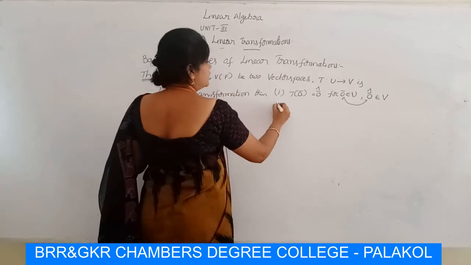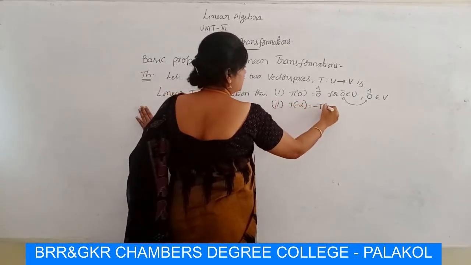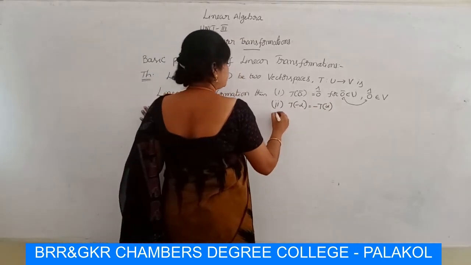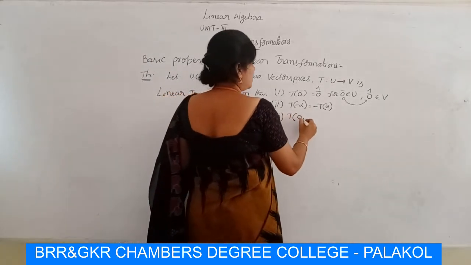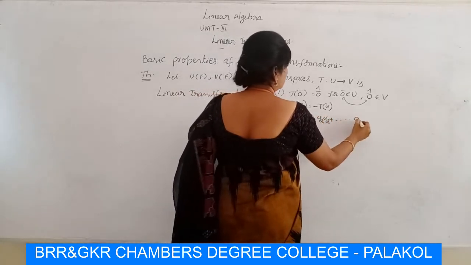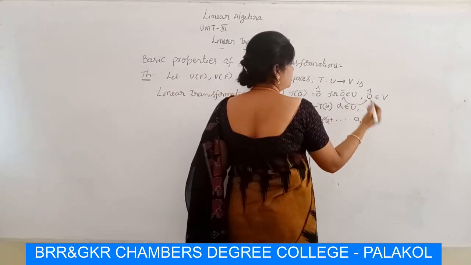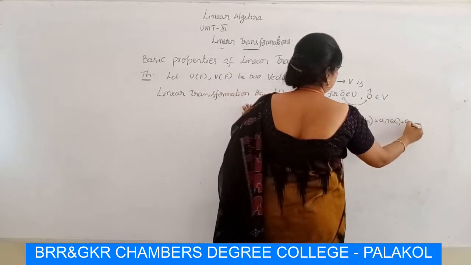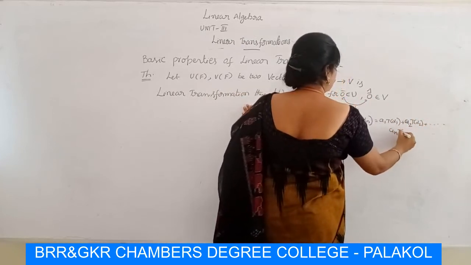And second condition is that T of minus alpha is equal to minus T of alpha. And third condition is that T of A1 alpha 1 plus A2 alpha 2 plus and so on An alpha n is equal to A1 into T of alpha 1 plus A2 into T of alpha 2 plus and so on An into T of alpha n.